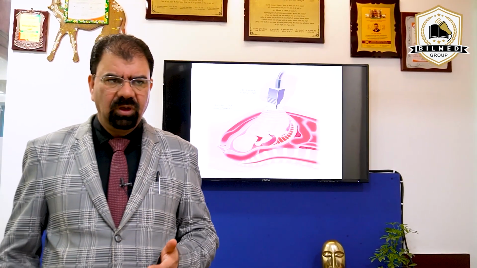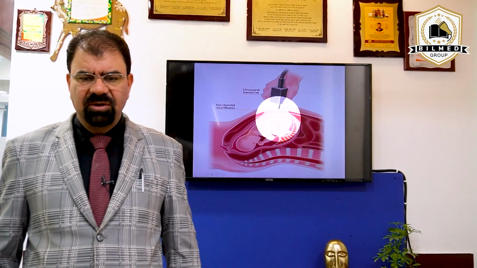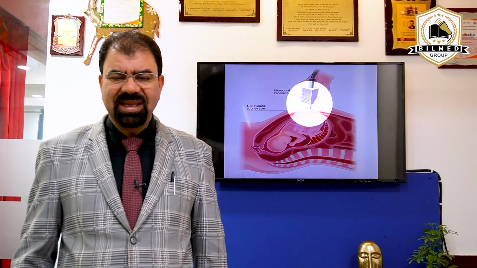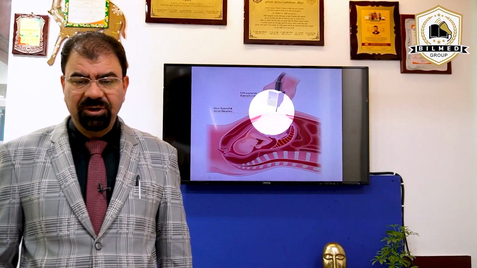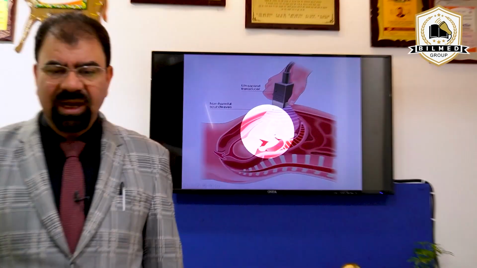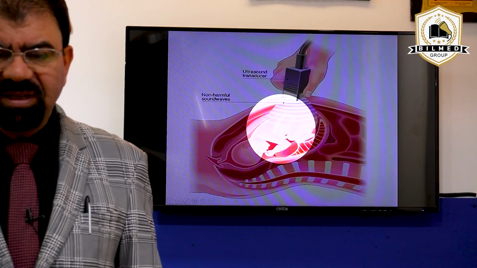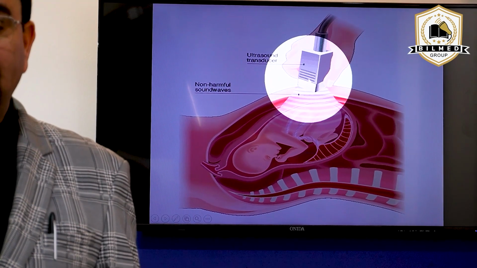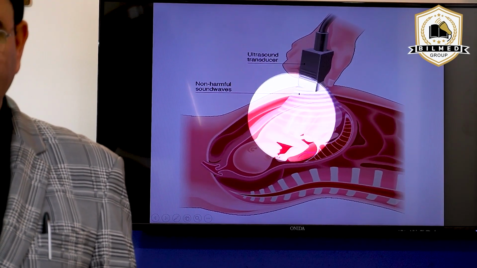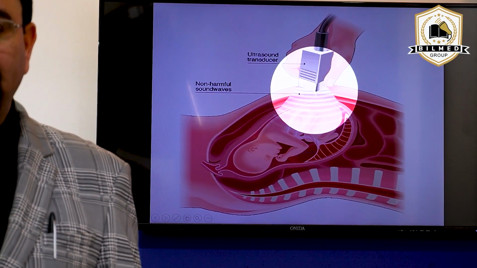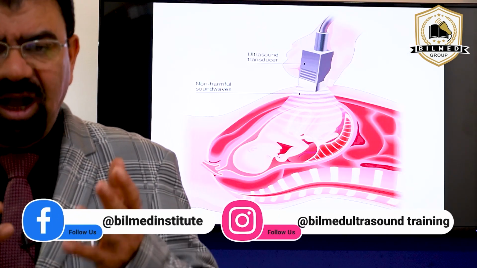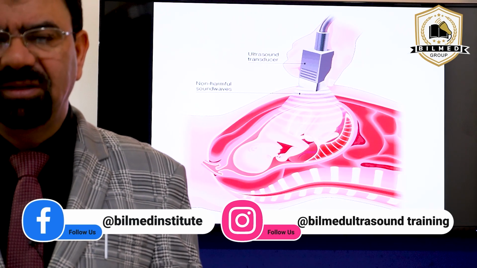So summing up, first we are sending the wave into the body, and from this point it is reflecting back. The machine is calculating when I have sent and when I am receiving, and how much I have sent and how much I am receiving back.